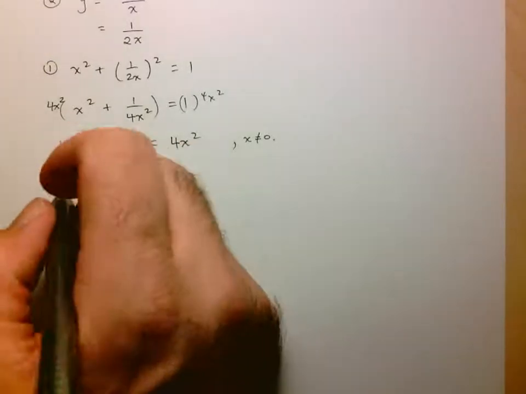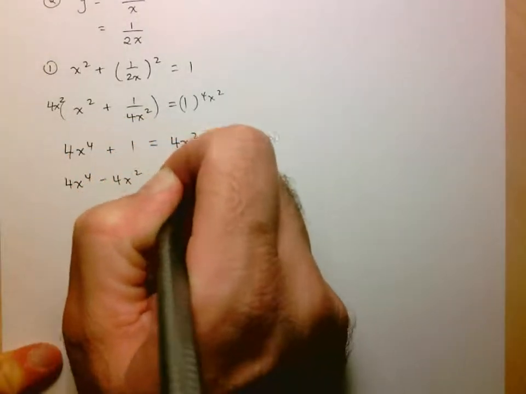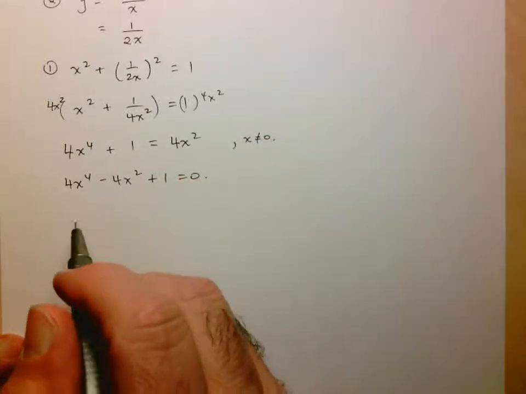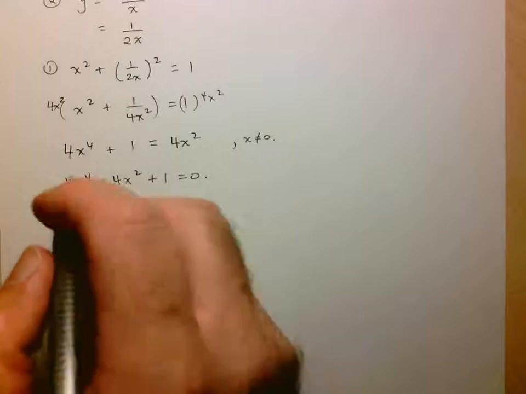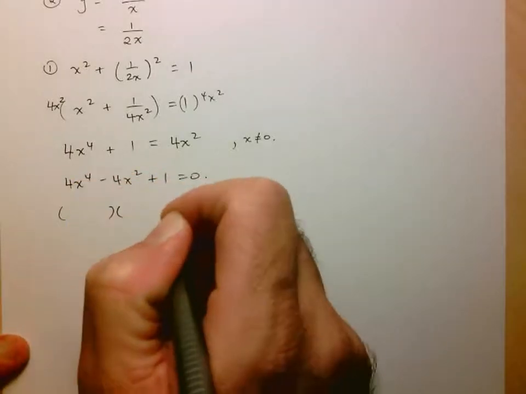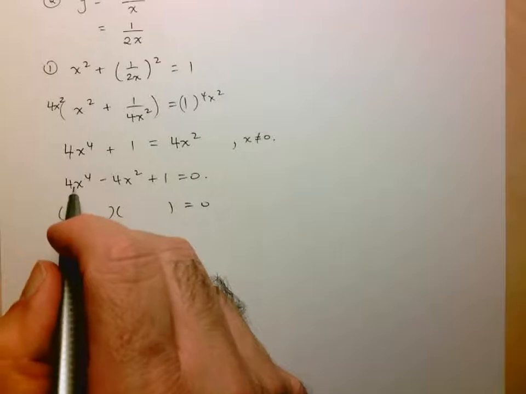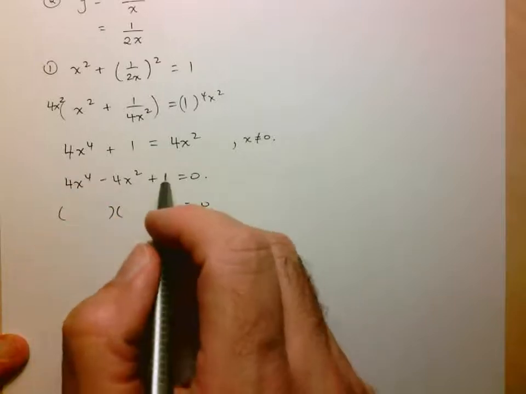Now bring everything to one side: 4x to the 4th minus 4x squared plus 1 is equal to 0. I'm going to try to factor this left-hand side. While this is a quartic, I also see that it's a trinomial, so I'll see if I can factor it as a trinomial. It looks pretty promising because it looks like a perfect square, with a perfect square at the beginning and at the end.